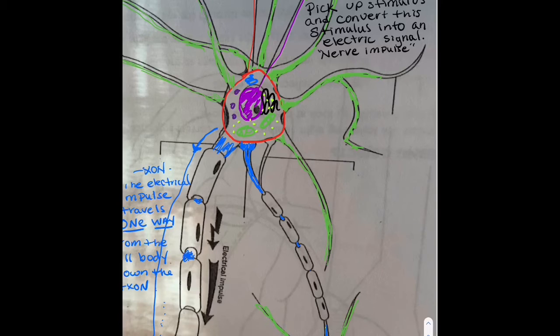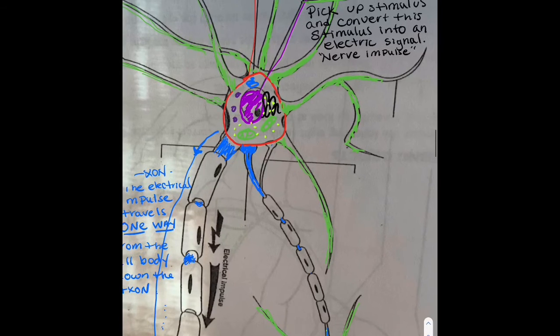And it's making a synapse, right? A synapse is where you have the joining of an axon tip to either another dendrite or a cell.